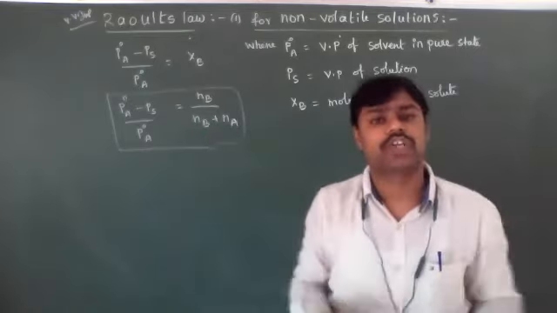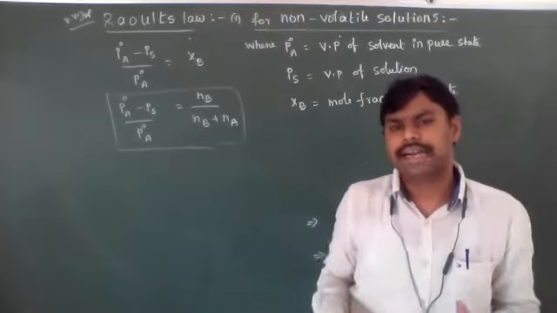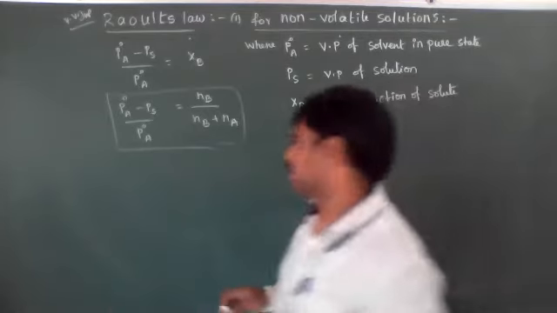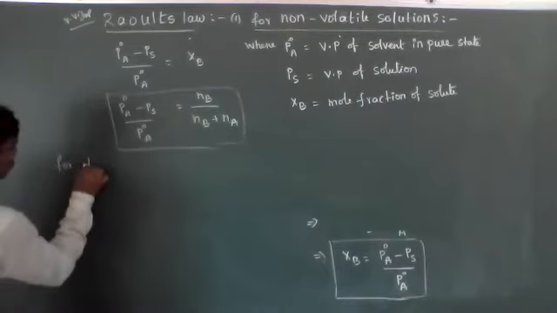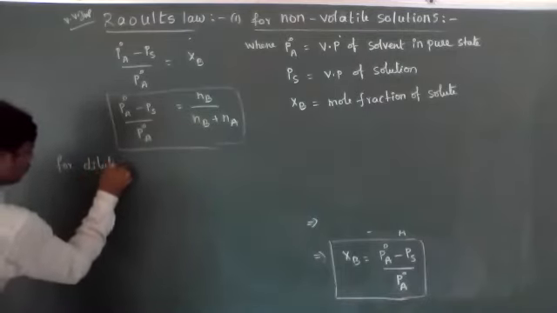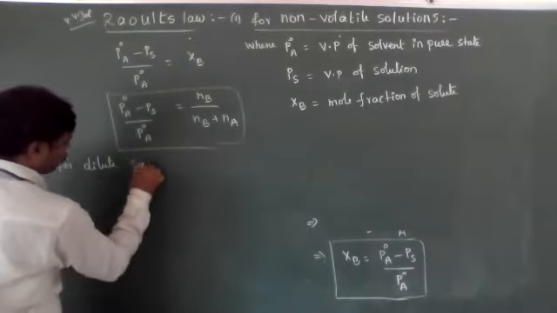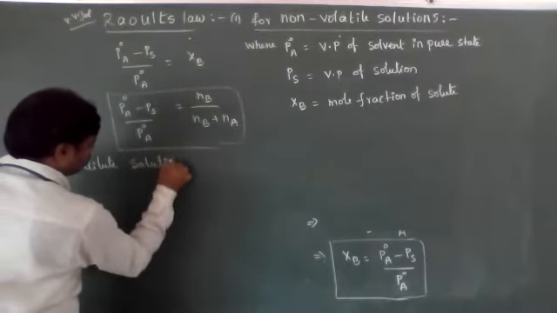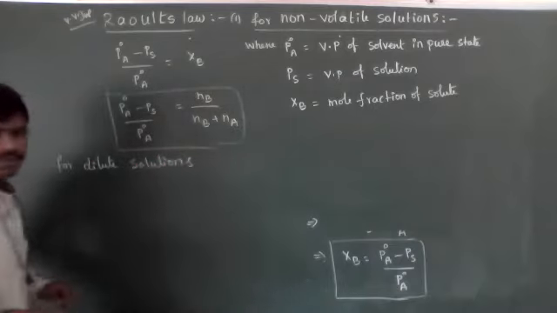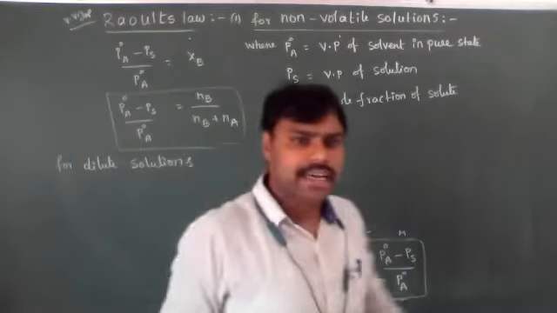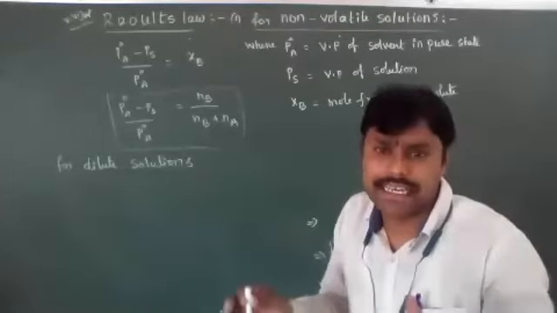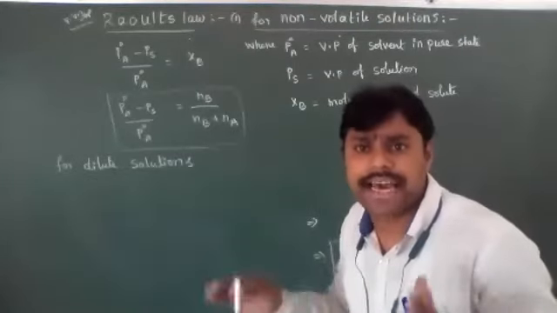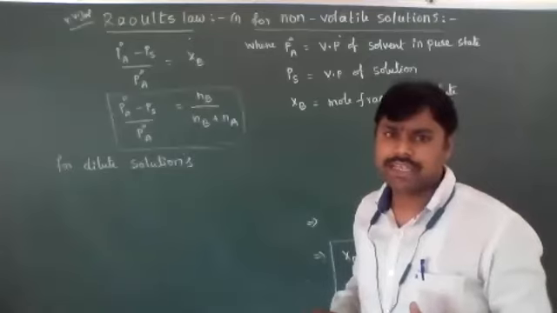For dilute solutions, what is Raoult's law? That is very, very important, dear students. What is the meaning of dilute solutions, dear students? Dilute solution means the solute quantity is very, very less. Such kind of solutions are called dilute solutions.